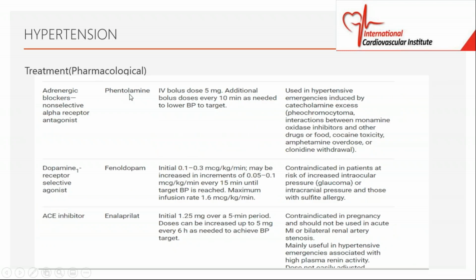Phentolamine, I would probably want to remember this with pheochromocytoma. We don't use a lot of phentolamine unless there is evidence of catecholamine excess. So, pheochromocytoma, monoamine oxidase inhibitors. We don't use a lot of fenoldopam. And enalapril IV, Vasotec, we don't use a lot of it. You can know that it's there.